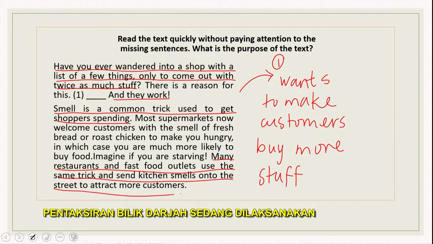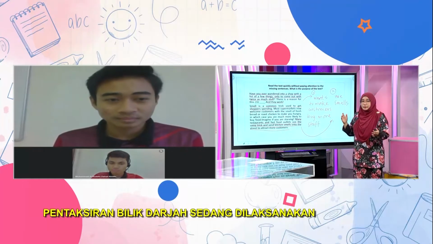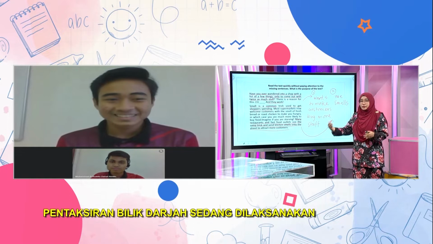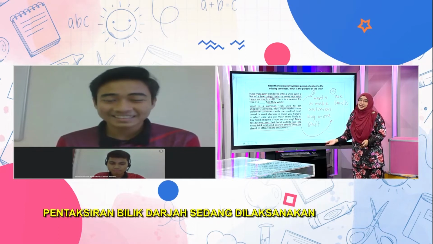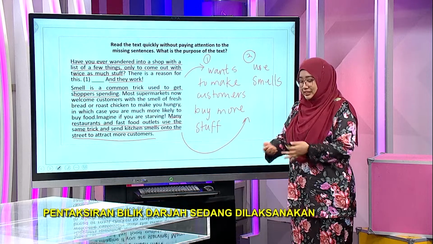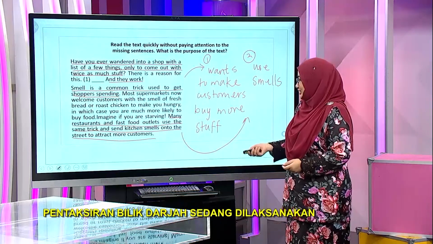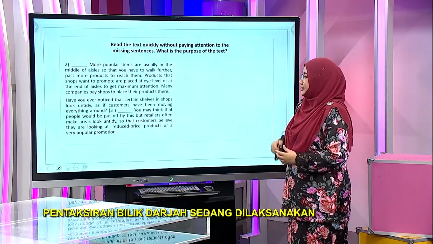So the purpose of the text is, the text wants to tell us that restaurants use the smell of food as a trick to attract customers. Okay, that is true. Thank you, Zul. Definitely, when we go past restaurants, we would immediately feel hungry. So when we feel hungry, we feel like we want to buy stuff. Okay, the next one.